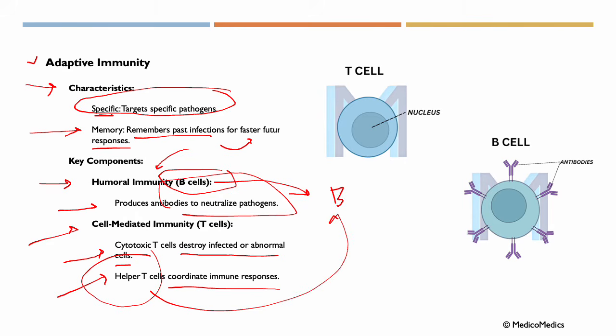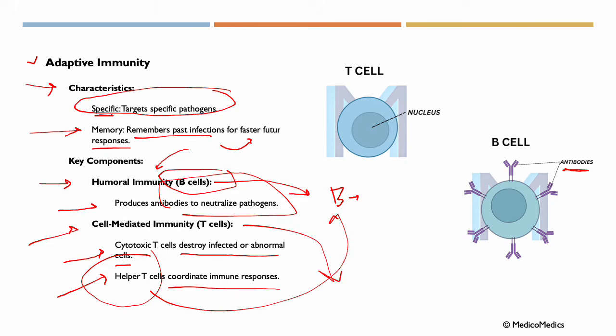And when that happens, this B cell can differentiate into plasma cells that secrete antibodies. The role of these antibodies is to neutralize pathogens by binding to them. And it also helps in activating the complement system, which leads to the destruction of these pathogens.